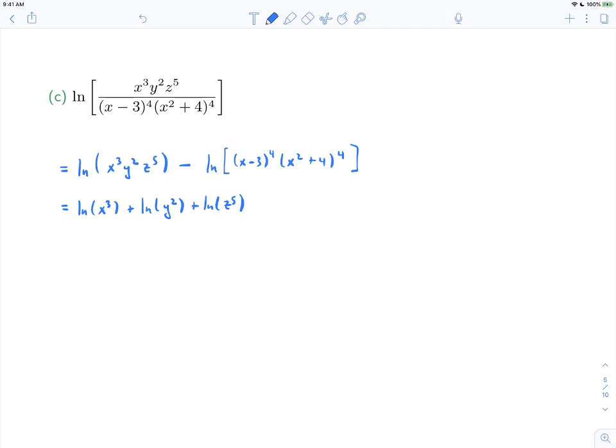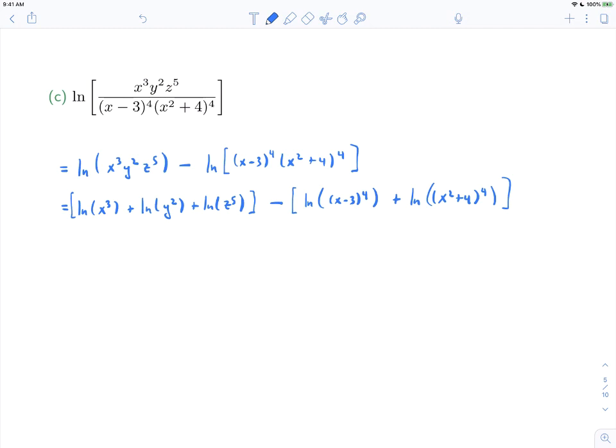And that's our first logarithmic term expanded. And it's going to be minus our second logarithmic term. So I'll put a bracket there. So this will be ln of x minus 3 to the 4 plus ln of x squared plus 4, and we're going to raise that to the 4, like so.